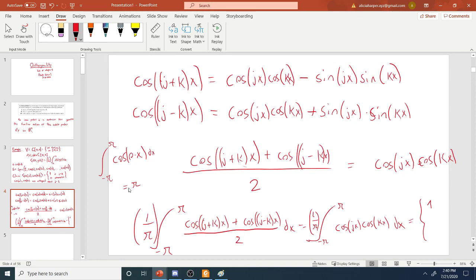So if you divide this by 1 over pi, you get 1. And thus you see that this integral right here is going to be equal to 1 if k is equal to j, and 0 otherwise.